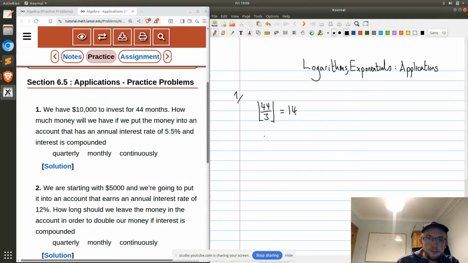And so what I would do is multiply my initial investment, which is 10,000, by 1.055 14 times. So put a 14 up there, and I get an approximation. And because it's currency, 2 decimal places, please.